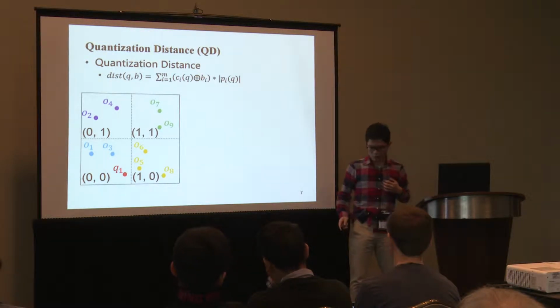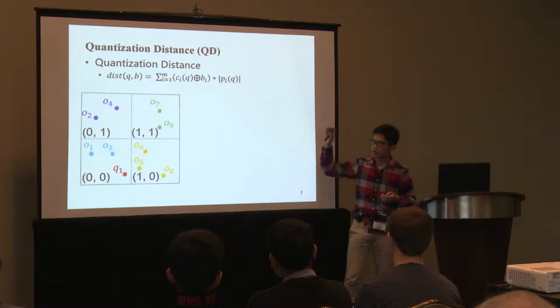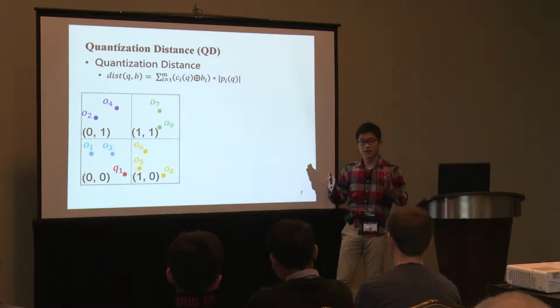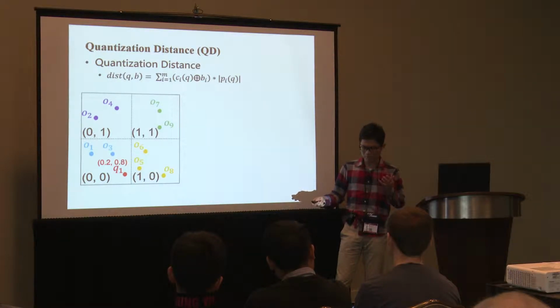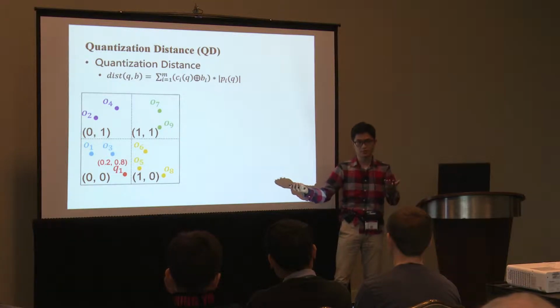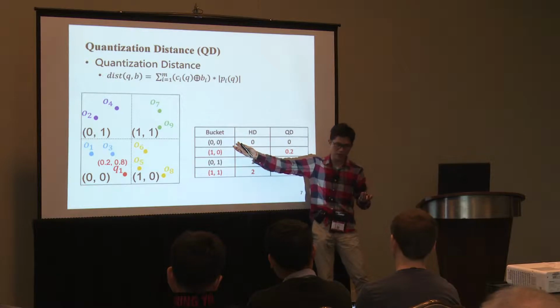In this paper, we propose a new distance measure, which is quantization distance. QD takes into consideration the absolute projected values of a query. Let's assume the absolute projected values of this query are 0.2 and 0.1 for the 2 bits correspondingly. Then the bucket I will probe will start with bucket 0, 0.